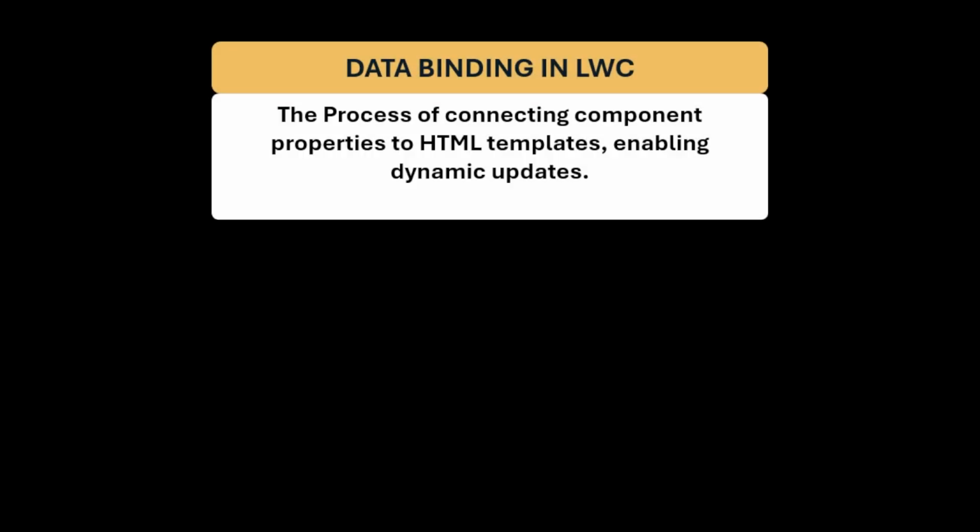So let's talk about data binding in LWC. In simple language, it is the process of connecting component properties to HTML templates, enabling dynamic updates. Whatever you see on the HTML, data has to be there, right? Someone sent that data to HTML.